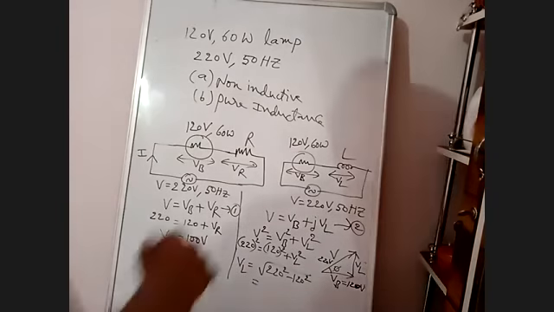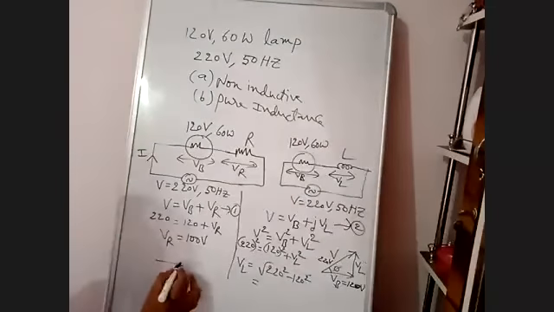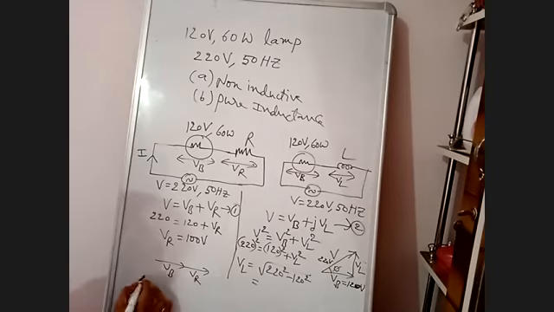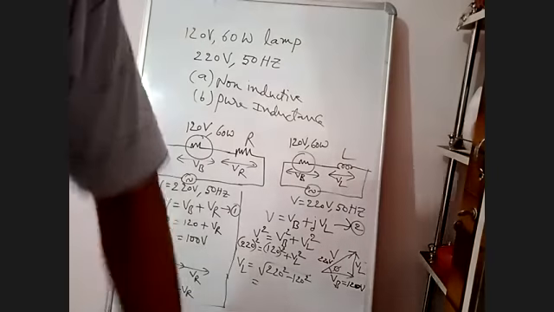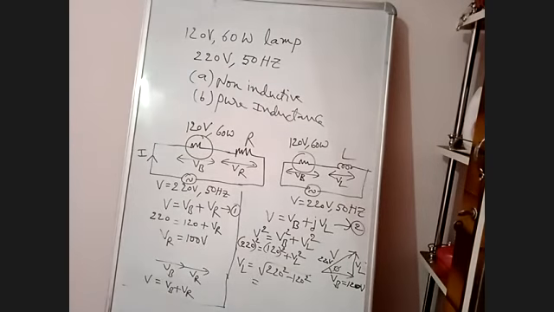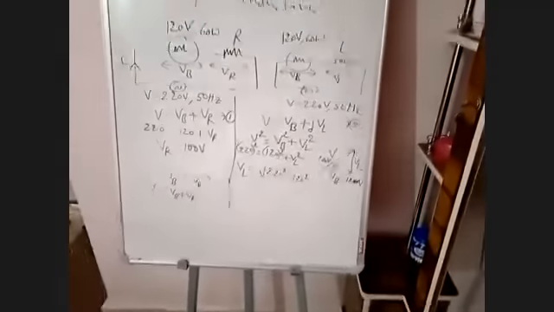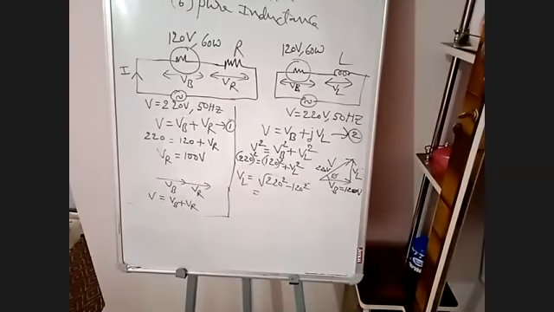So in the first case, you see, this is VB, this is VR. Therefore, V is equal to VB plus VR. In the first case, there is only real part. VB and VR are both real part.